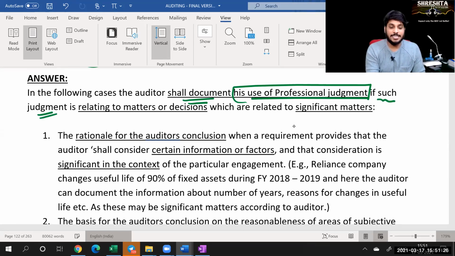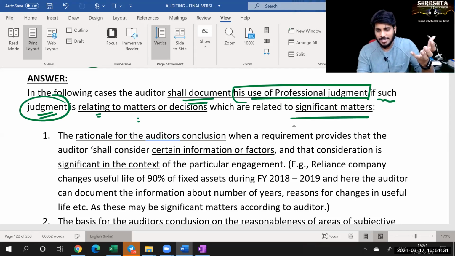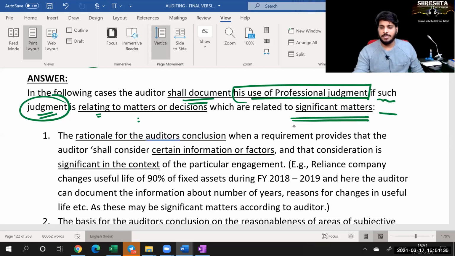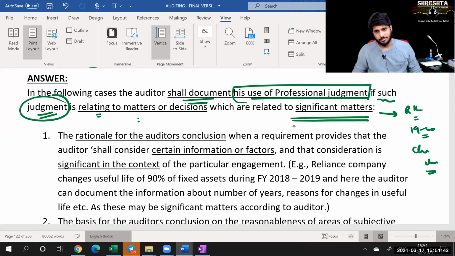This applies if such a decision or judgment relates to matters which are significant, very important. Significant means, suppose in Reliance Industries Limited in 2019-20, they changed the useful life of plant and machinery whose value is 3 lakh crore. Now, whether the change in useful life of that plant and machinery is correct or not, the Reliance auditors have verified. How do you document that?